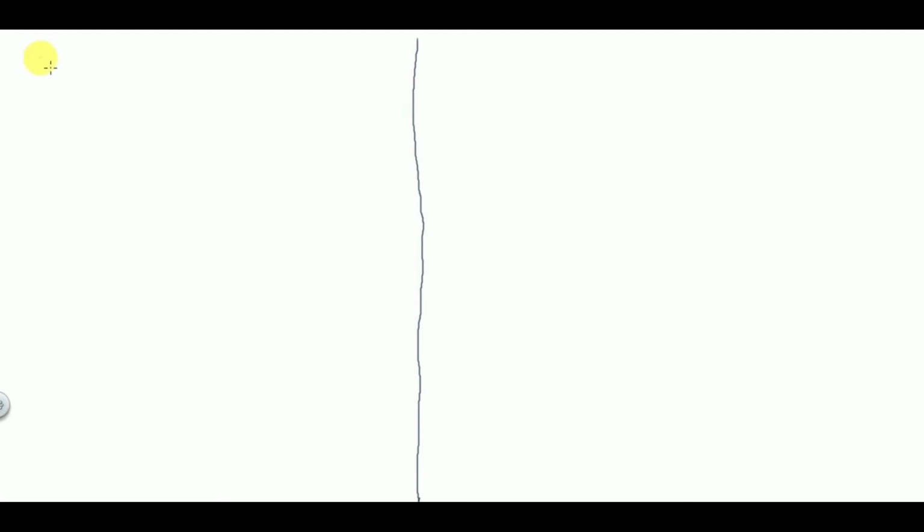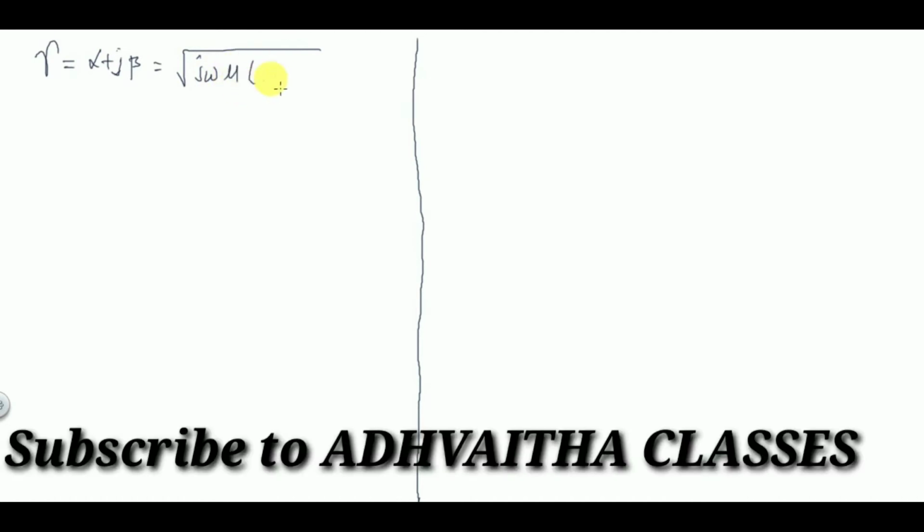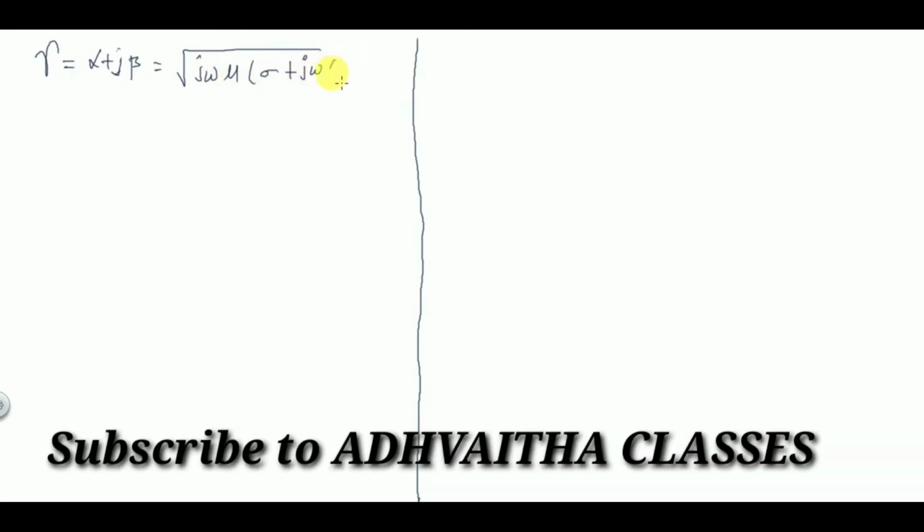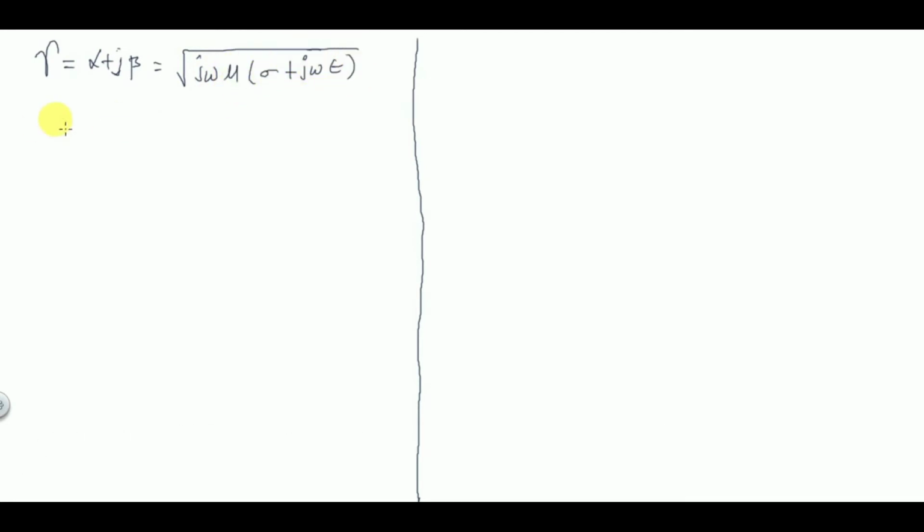Just now we have got gamma equal to alpha plus j beta, which is equal to root of j omega mu into (sigma plus j omega epsilon).